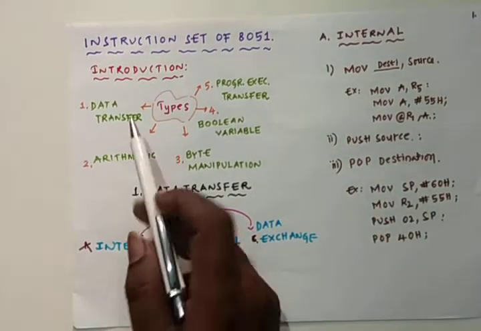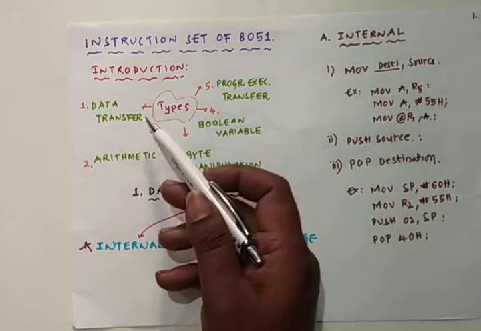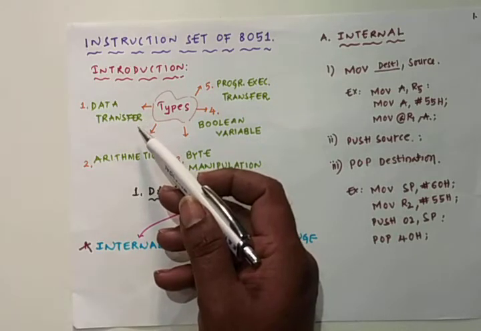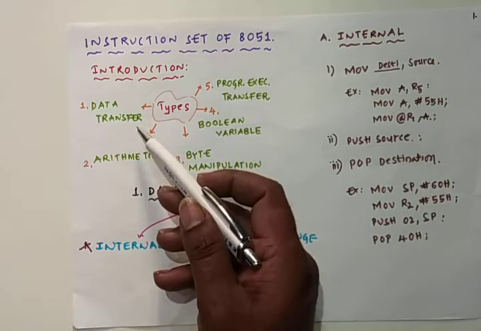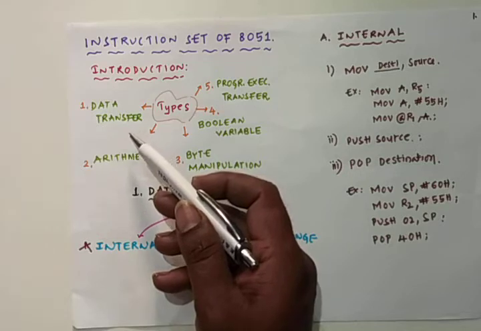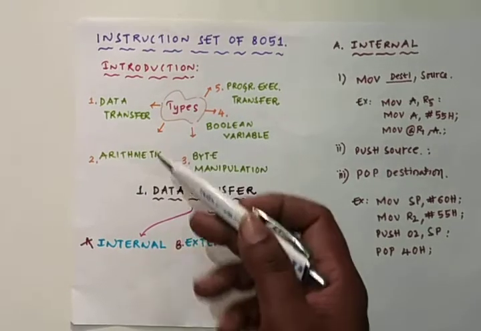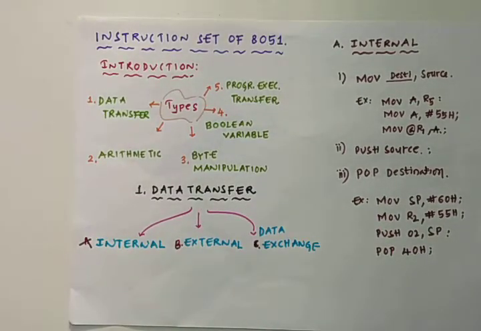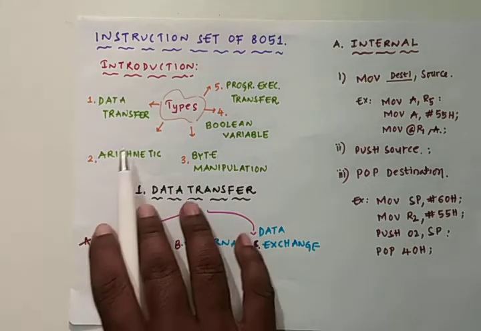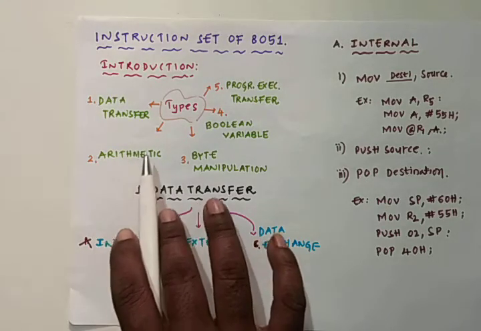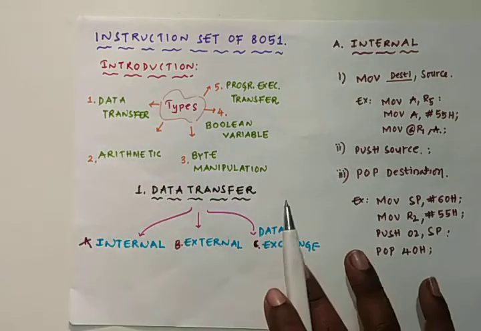One is data transfer instructions, which operate on the data to transfer it from one location to another location. Next, arithmetic operations: addition, division, subtraction, multiplication and all can be done by making use of these instructions.